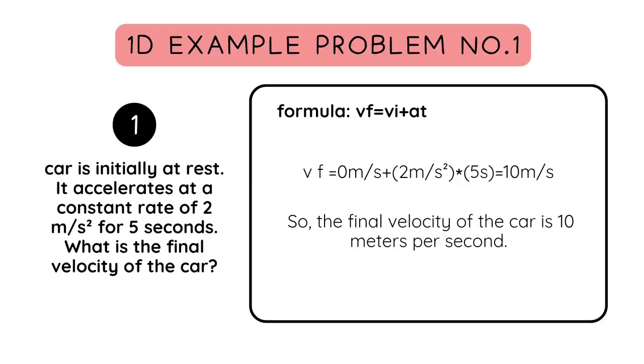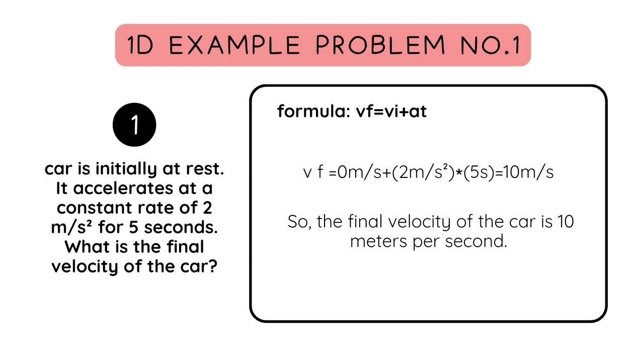Example number 1. A car is initially at rest. It accelerates at a constant rate of 2 meters per second squared for 5 seconds. What is the final velocity of the car? You can use the following kinematic equation to find the final velocity of the car. Vf is equal to Vi plus at, where Vf is the final velocity. It is what we want to find.